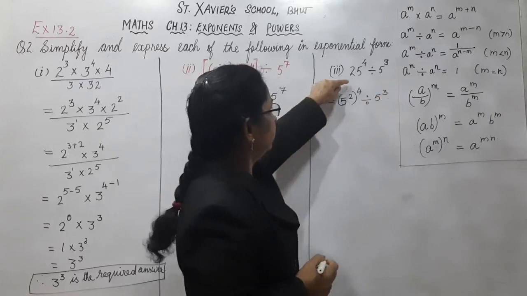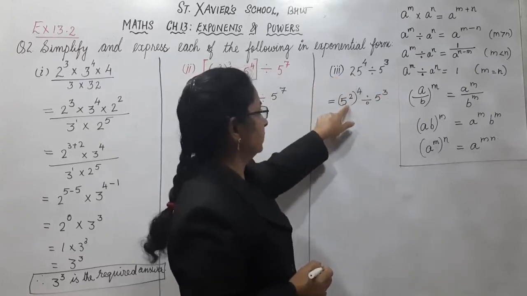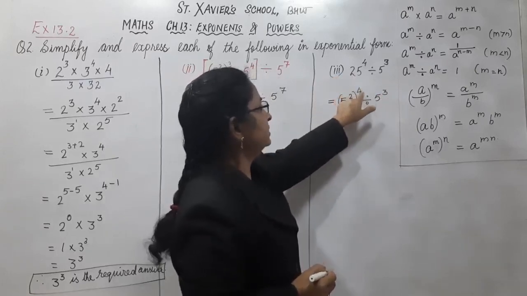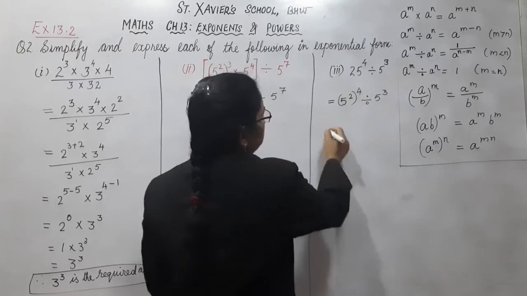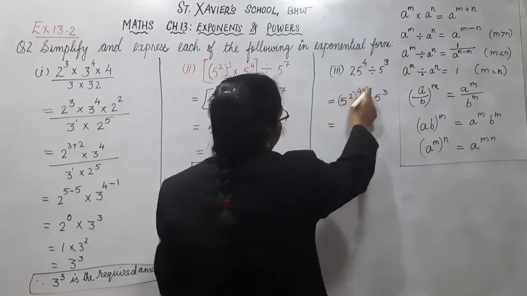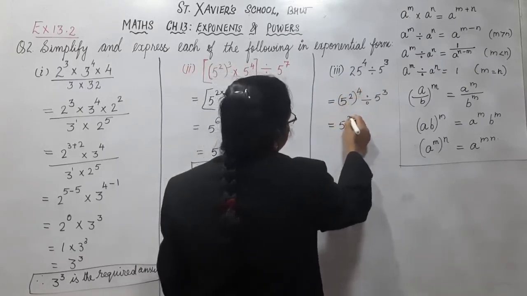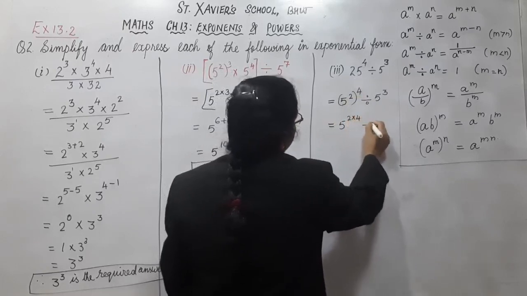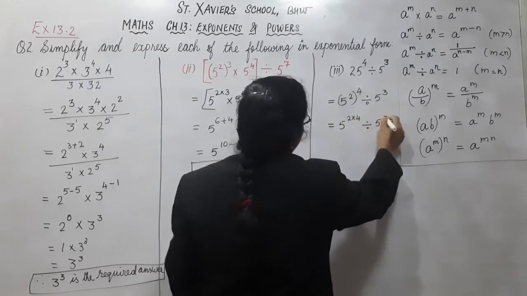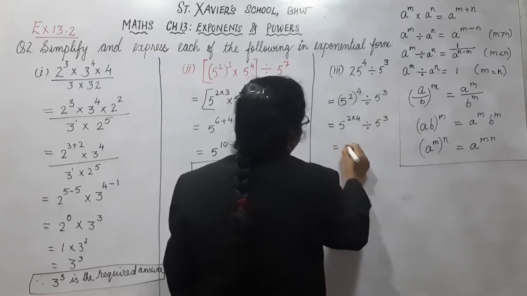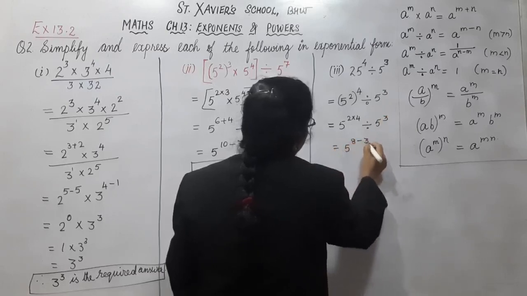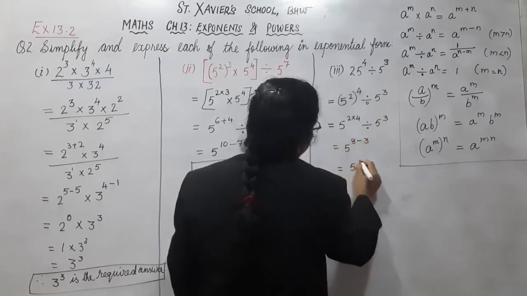Okay, here what I did is 25 is written as 5 square and the power is written separately. Now we will write 2 4s are 5 raised to 2 into 4 divided by 5 raised to 3. That is 5 raised to 8 minus 3 is equal to 5 raised to 5.